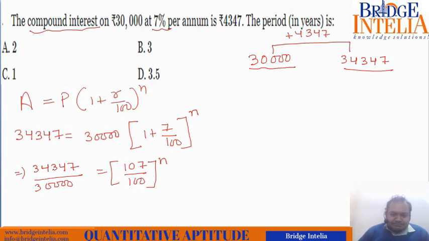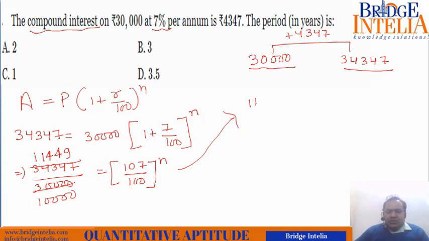So let's see, both these are multiples of 3. So this is 10,000 times, and the above is 11449. So it means 11449 by 10,000 is equal to 107 by 100 to the power n.